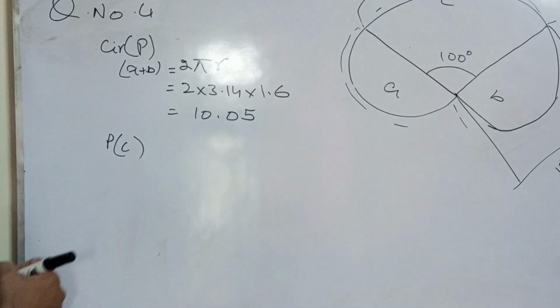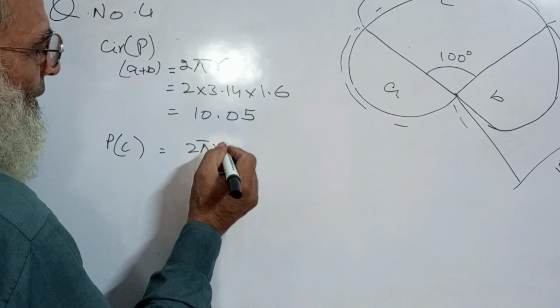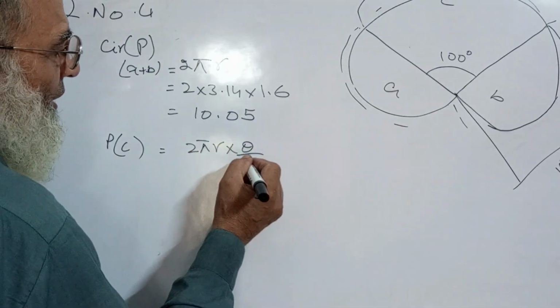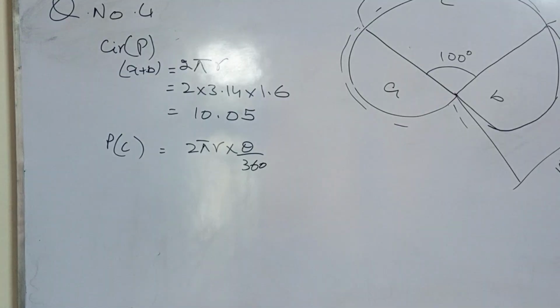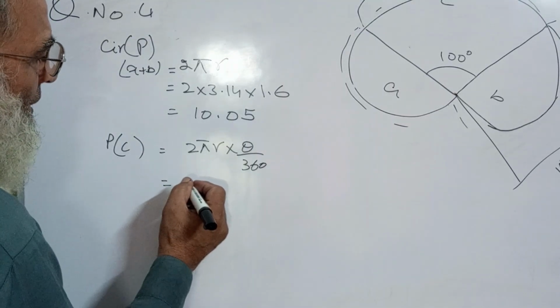The perimeter of C is equal to 2 pi r multiplied by theta upon 360 degrees.